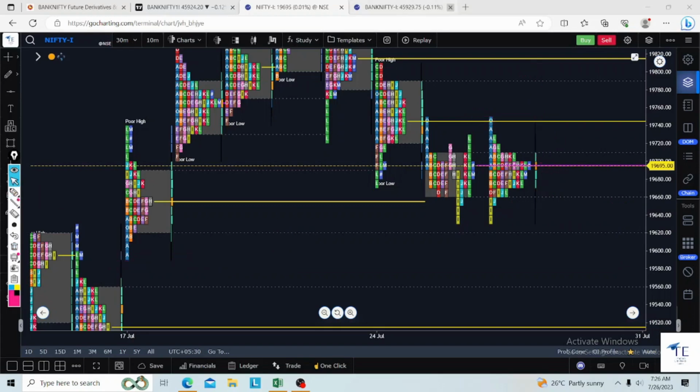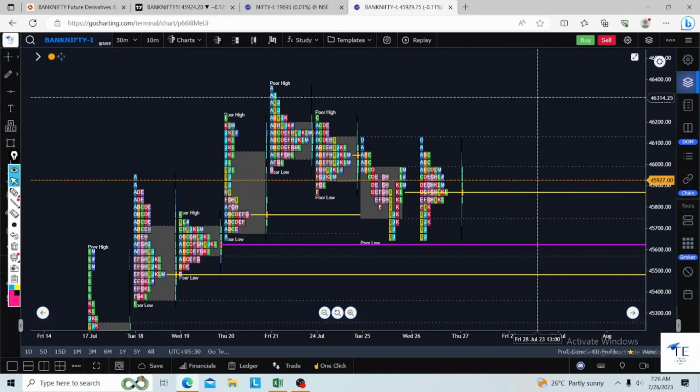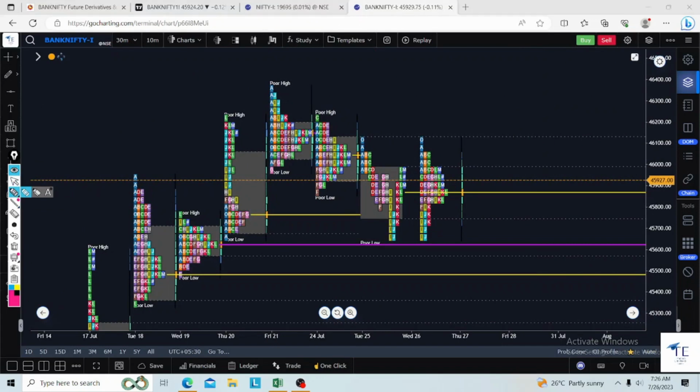What about Bank Nifty? Quickly we can check. 45,820 is the first demand zone, and 45,550 is the second demand zone.